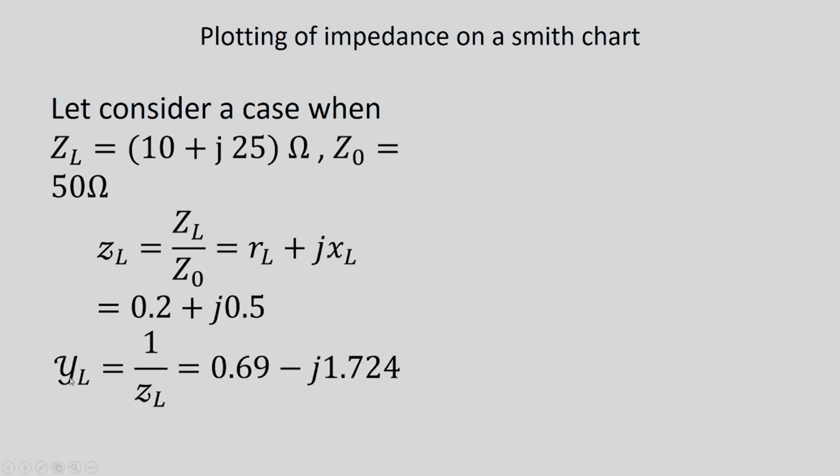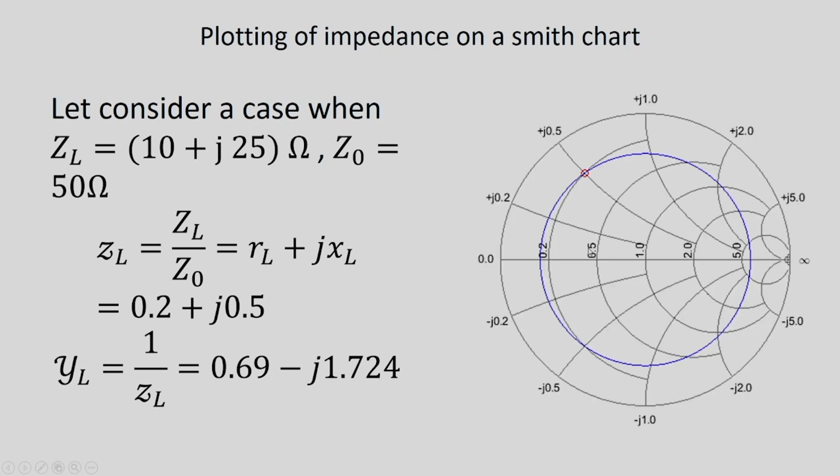Now, YL, which is 1 by ZL, is 0.69 minus j 1.724. How can we mark this YL directly on the Smith chart? We start with marking ZL and then we draw the constant VSWR circle.